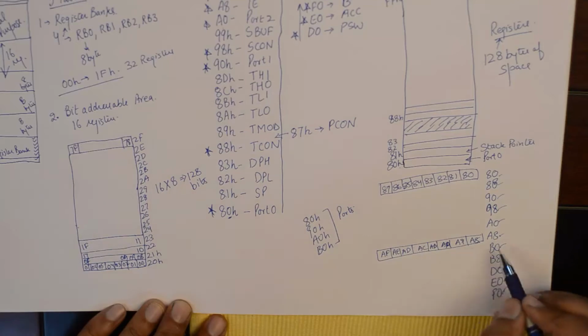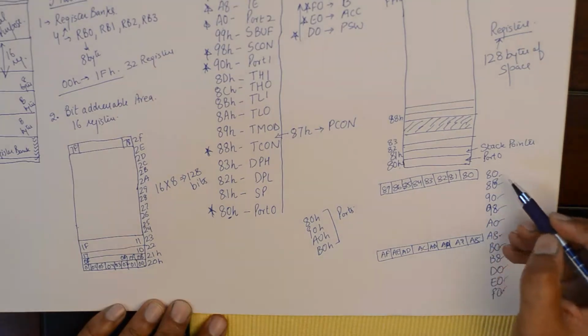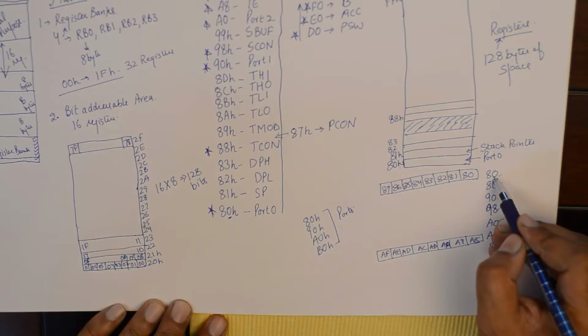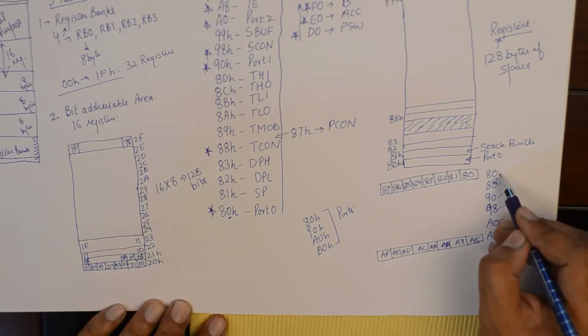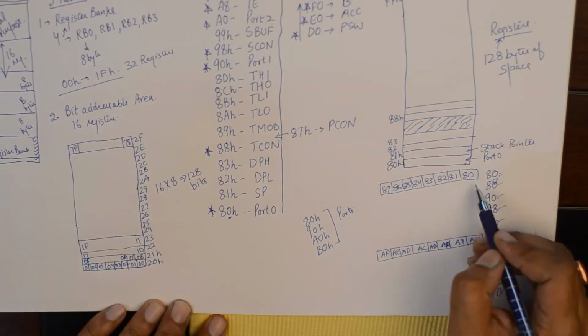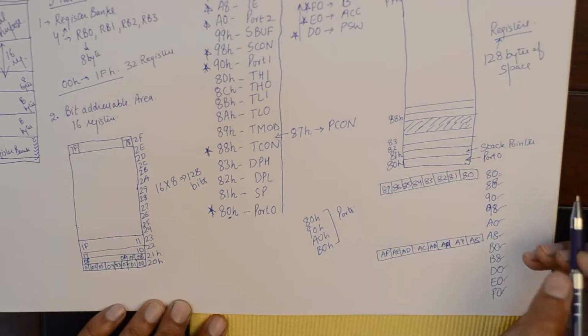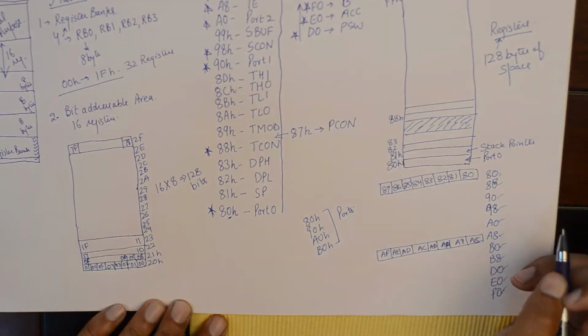So that is how you label the bits inside the bit addressable registers in SFR space. Very easy. So if you were to make the register 80 as all ones, that will make the bits 80, 81, 82, 83, 84, 85, 86 and 87 as all ones.